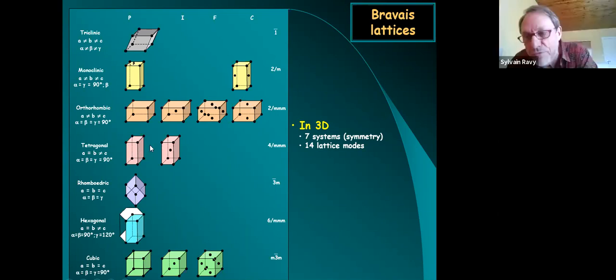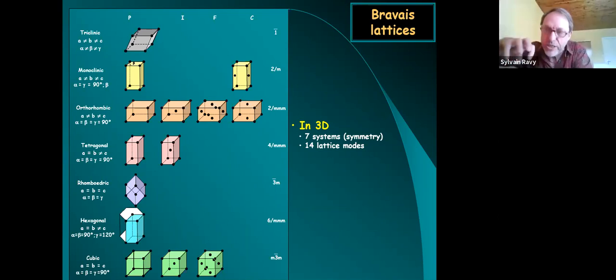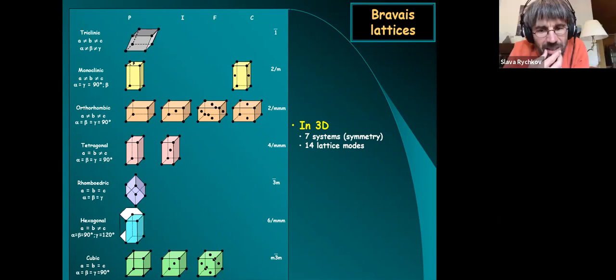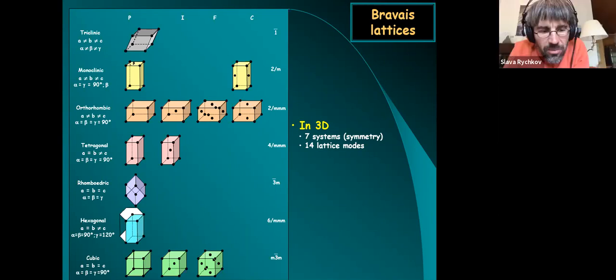But actually, a face-centered tetragonal is equivalent to a centered tetragonal, because I will be able to shift exactly. You can change the unit cell and come back to this solution. Yeah. Okay. Thanks. Thank you.